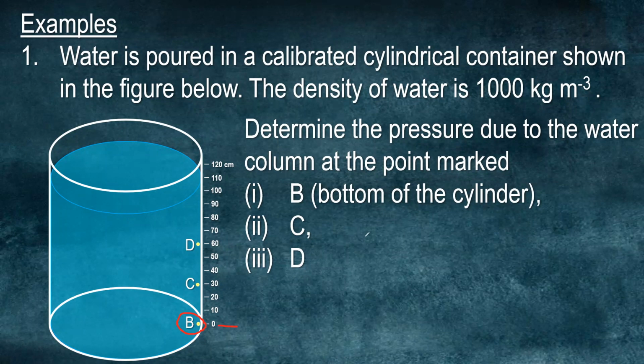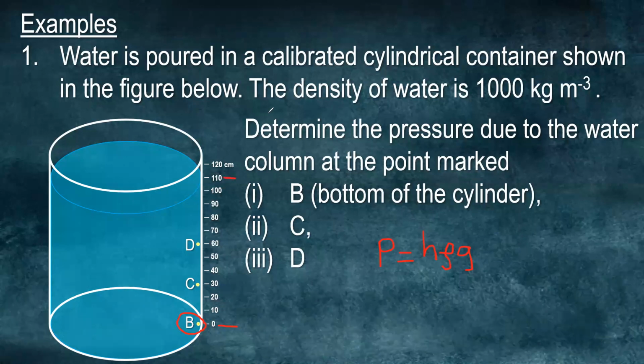Of course, if you can remember, the formula we've just written is pressure equals H rho G. So we have H rho G. Now, what is the depth? The depth is measured from the liquid surface.